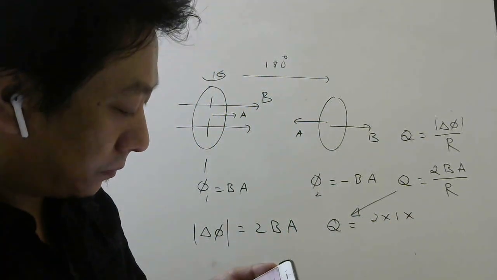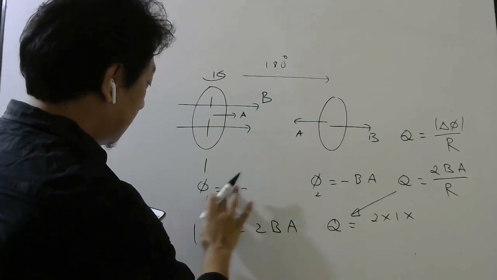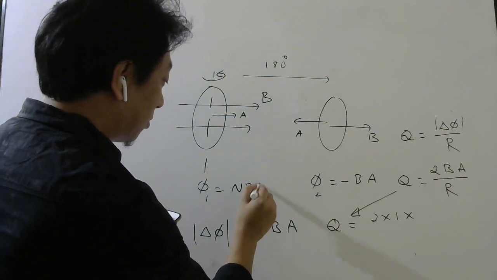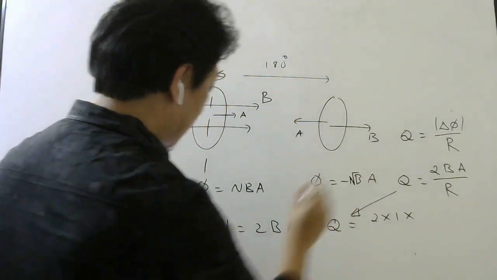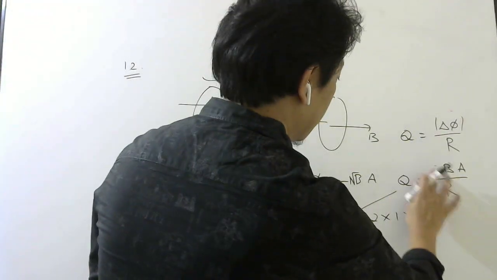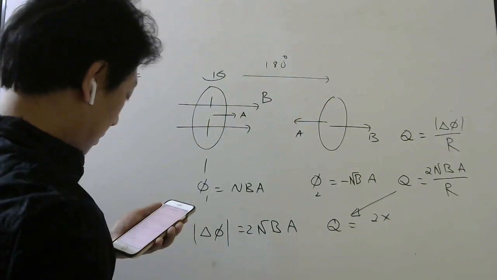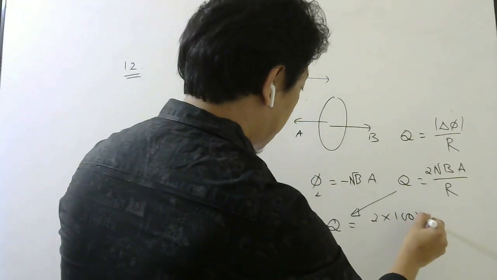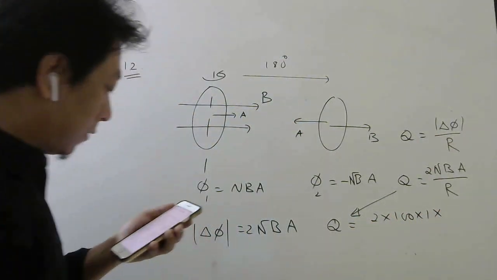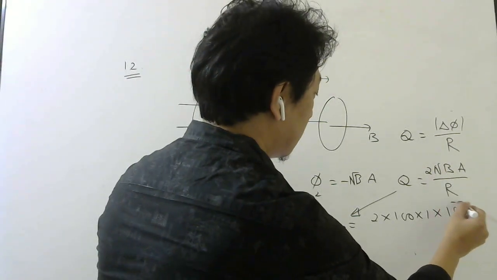Area is, oh, I forgot to write the number of turns. So this will be NBA. That happens sometimes, okay students? If you forget the number of turns, you will get a wrong answer. Number of turns is 100. Magnetic field is 1. Area is given 0.001, so I can write 10 power minus 3.